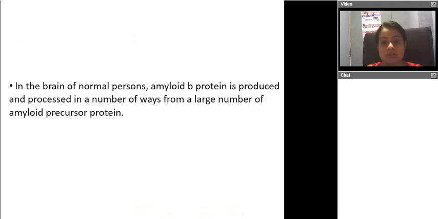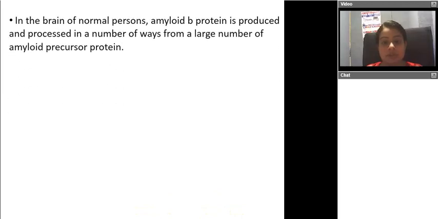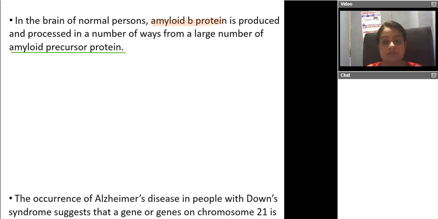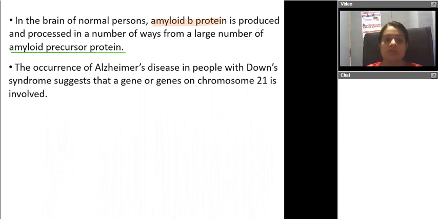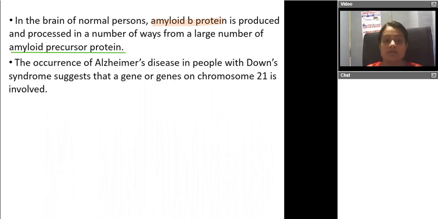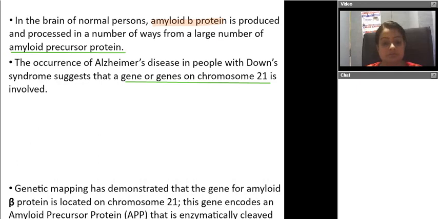In a normal person, amyloid beta protein is produced. This protein is produced from a large amyloid precursor protein. In people with Alzheimer's disease and Down syndrome, there is a gene on chromosome number 21.